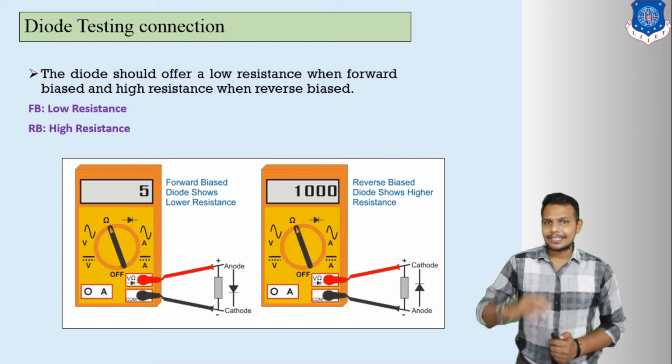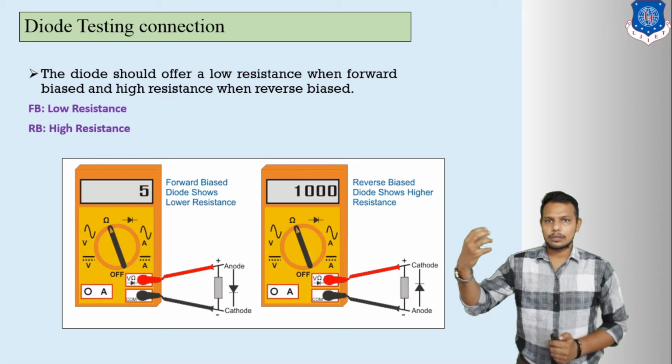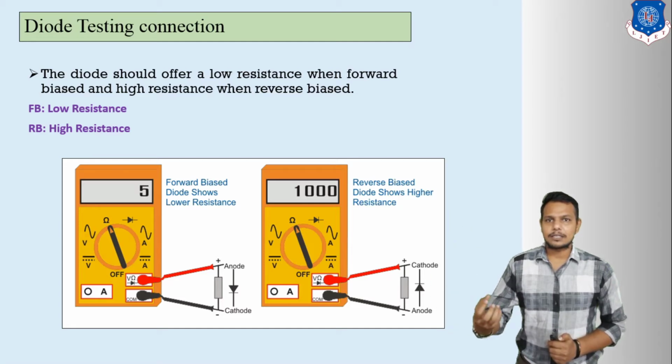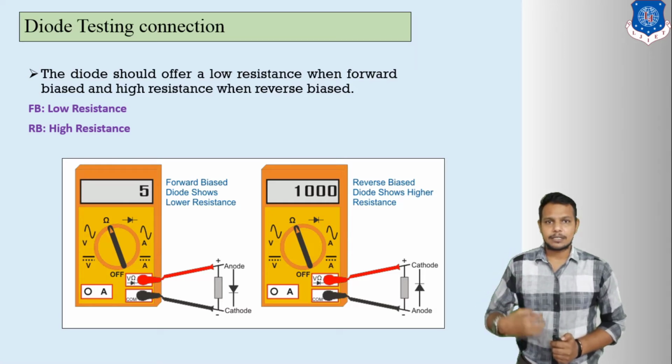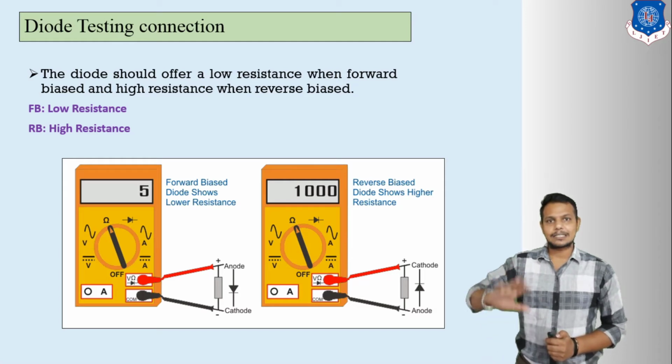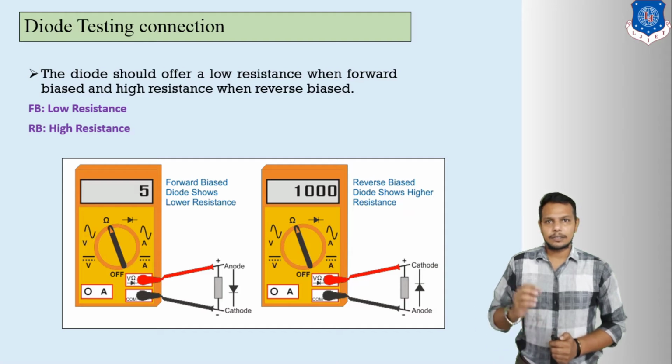If after this connection it shows low resistance, it indicates the diode works in forward bias. If the DMM indicates high resistance, it works in reverse bias. This is how we test the PN junction diode.